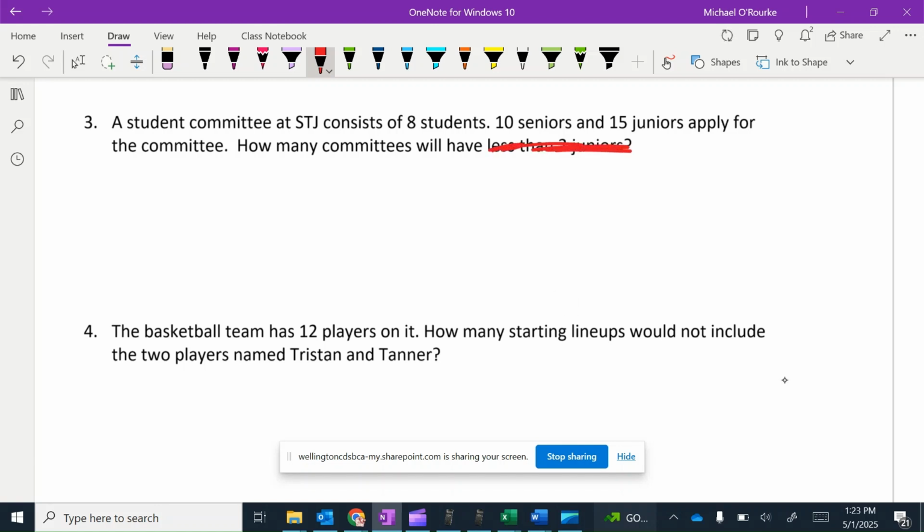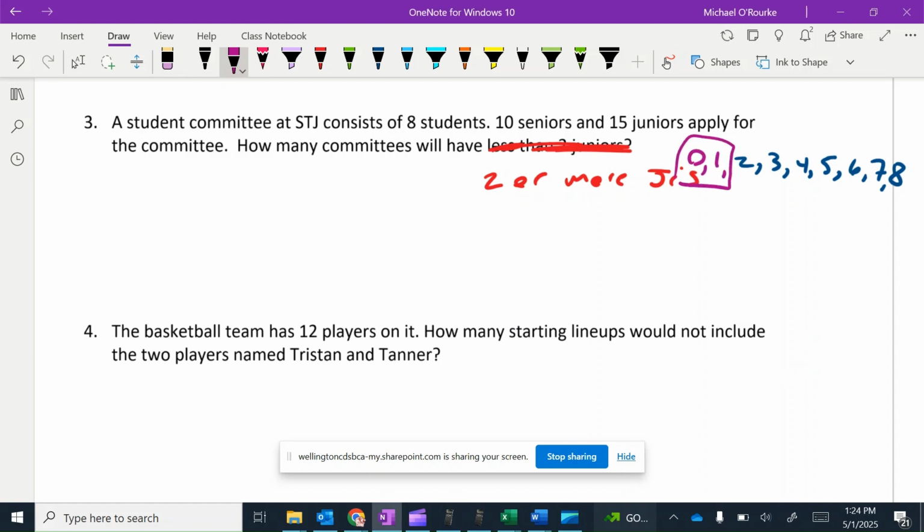Let's change this question to 2 or more juniors. Right? So how many committees have 2 or more juniors? Okay, so I could do 2 or more, but that would be 2 and also 3 and also 4 and also 5 and also 6 and also 7 and also 8. That's doing it directly. Now the opposite of 2 or more juniors would be this here, 1 or 0. Those are the only numbers I'm missing.